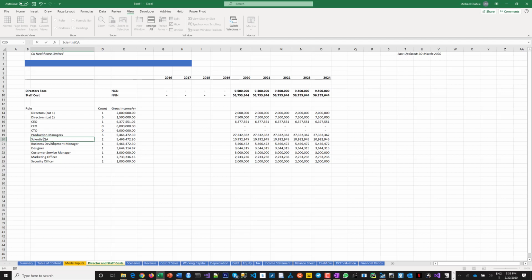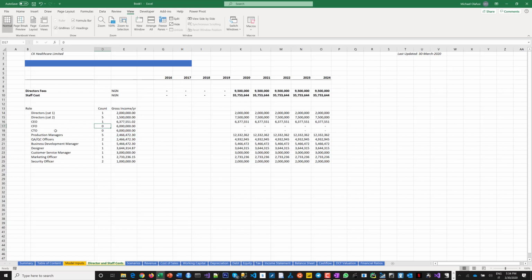So yes, say QA, quality assurance, quality control scientists, or should we say officers, because they might not necessarily be scientists. So maybe two of them. And annual salary, this is ridiculously high. Even for the production managers, this is really high.